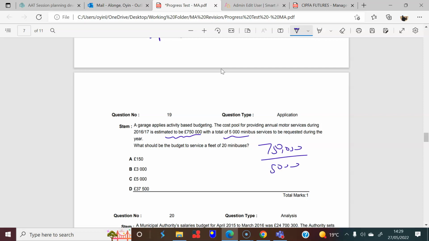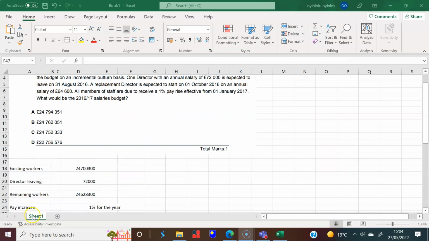In a way, you can find what the cost is per bus, if you like, because we've isolated the 750,000 to these 5,000 buses. 750 divided by 5 takes you to £150 a bus in terms of motor servicing costs. So with 20 minibuses, you are literally multiplying the two, and that takes you to the 3,000. Okay, right. So this is question 20.